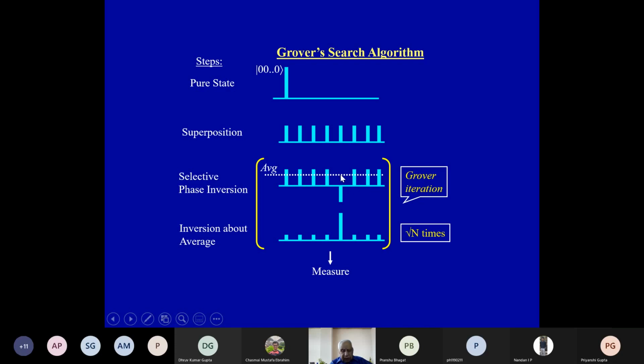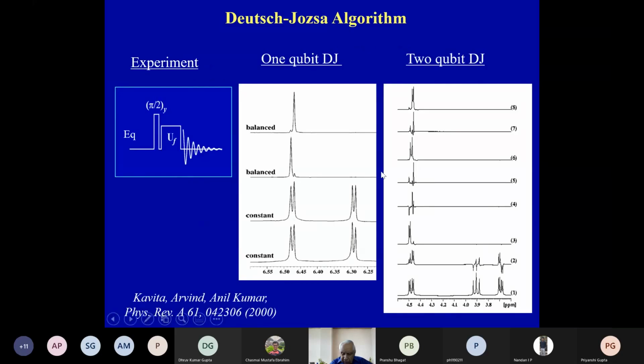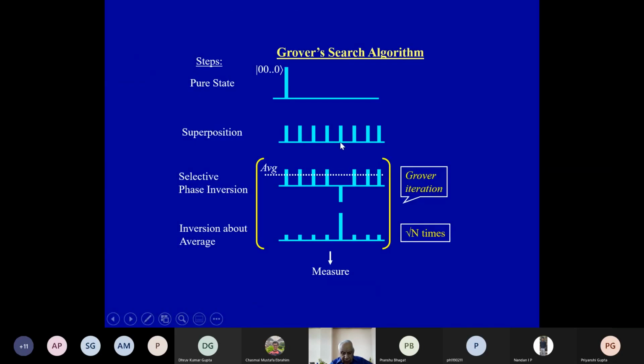Basically, when you're searching something, you should know what you're searching. So he says, I'm searching this state. He inverts this state, and then you apply an inversion about the average and repeat these two operations root N times, and the search state comes out with high probability. That's the Grover search algorithm.